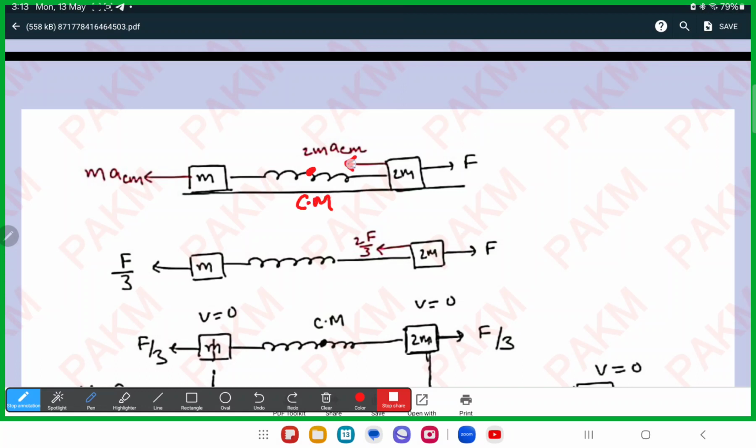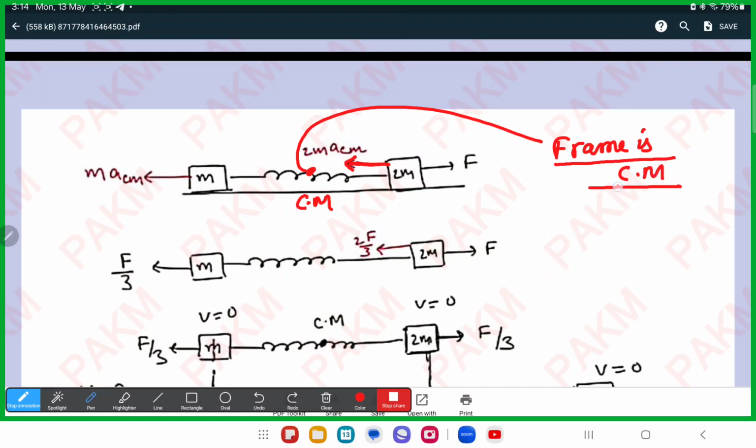I have applied pseudo force because here my frame is the center of mass, and since the center of mass is accelerating, we apply pseudo force. So here you can see the pseudo force on 2M, and this is the pseudo force on M.